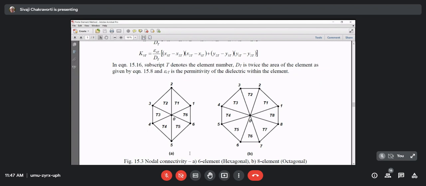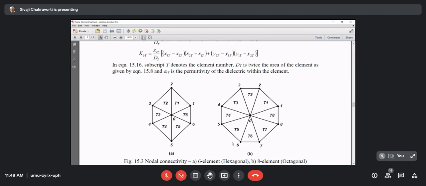If you take triangle 4, then as per our definition, this node 4 is our node 2. In other words, all the other nodes appear in 2 triangles: in one triangle as node 2 of our derivation, and in another triangle as node 3 of our derivation. Whereas the target node 0 appears in all the connected triangles, that is hexagonal means 6, octagonal means 8.